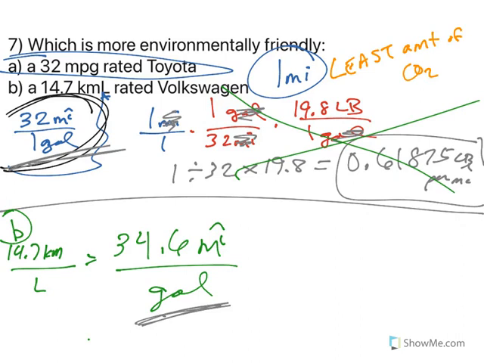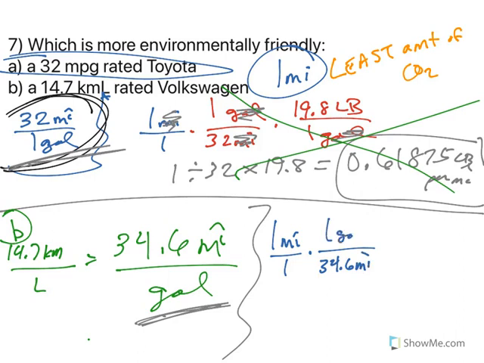The Volkswagen gets more miles per gallon. That means it's going to produce less CO2. And if you don't trust me, let's do the math. For 1 mile, I would take 34.6 miles and 1 gallon in the numerator, and then 19.8 pounds over 1 gallon. Same process here. It makes my gallons go away and my miles go away.